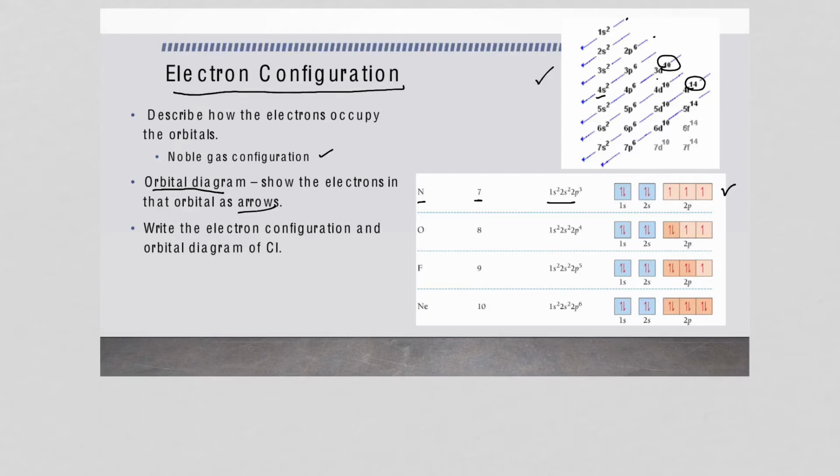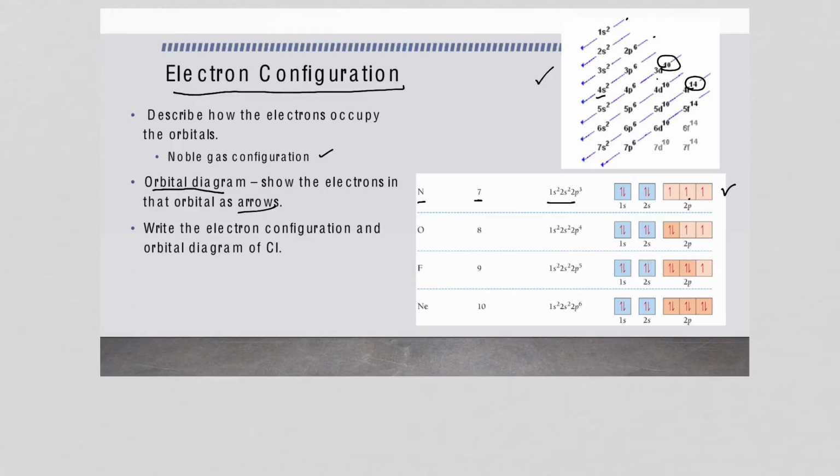Now notice we go to 2p. We have 3 of them. So we have 1 electron in each. And this is going to be a theme of how we fill these sets of orbitals, whether they're p orbitals or d orbitals. Anytime we have more than 1, we always put 1 into each before we start to pair them up.